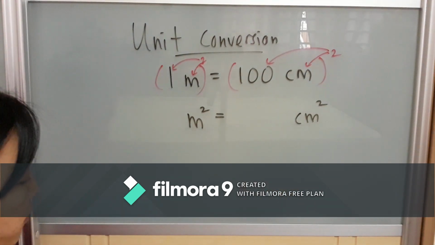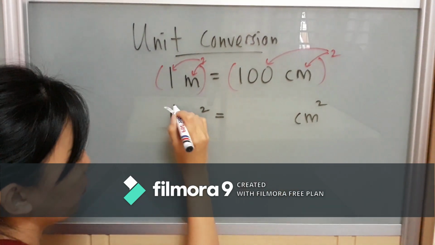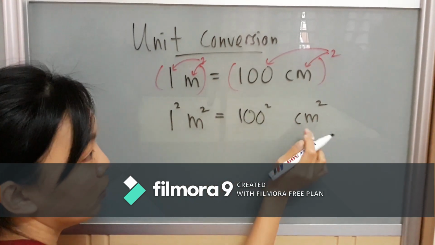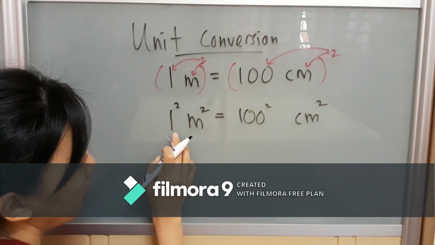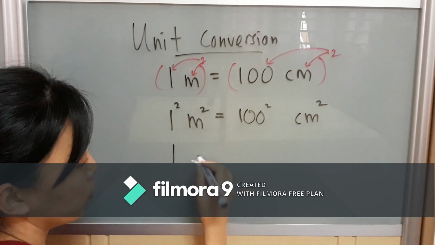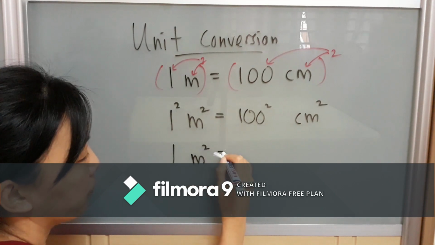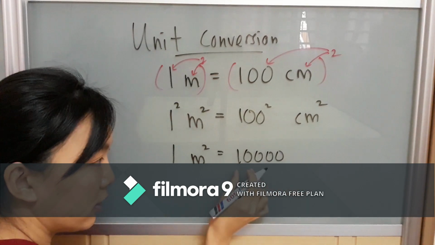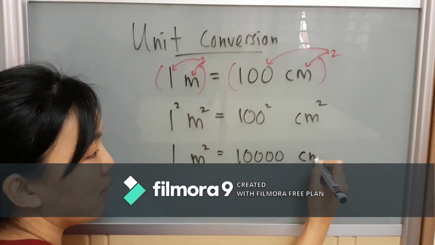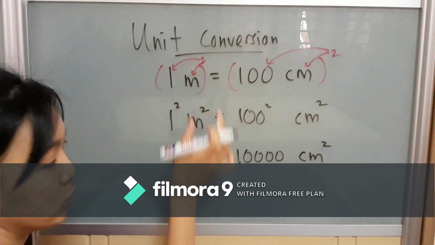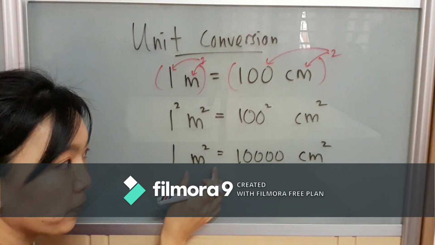So all I will have here is number square, m square, number square, unit square. With this 1 square, you put in the calculator, 1 times 1 equals 1, m square remains. 100 square into the calculator, you have 10,000 cm square. So this is how you convert from meter square to cm square. Get it?